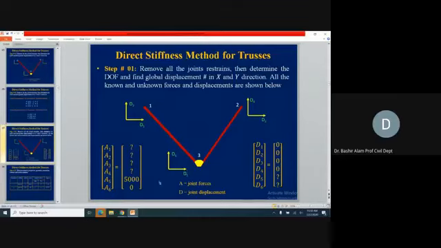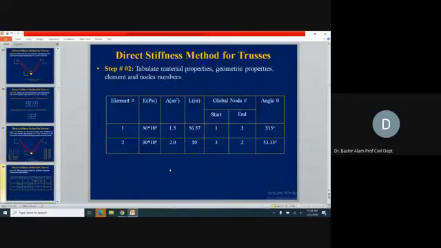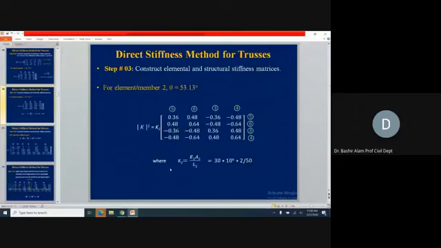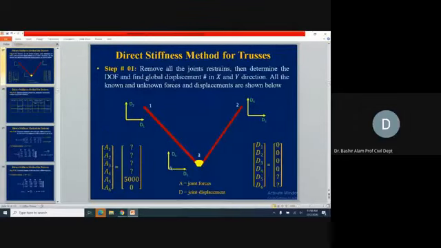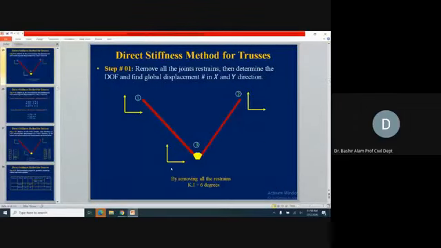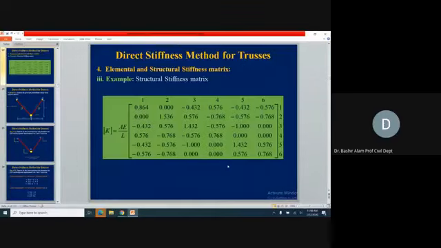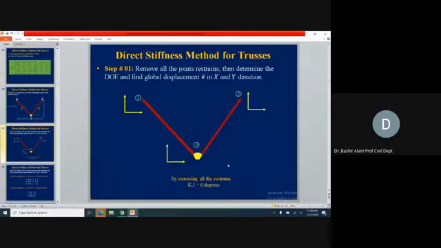So A5 is 5,000. Let's see, it is already given. If we go to the sketch, this was the sketch. Here you see corresponding to D5 we have F5, which is in the same direction, so we take this as positive.